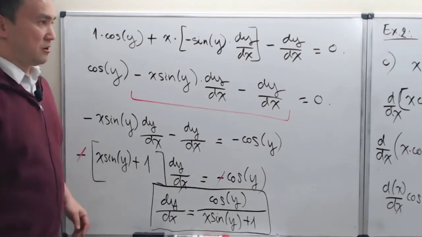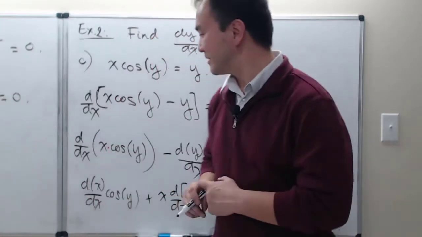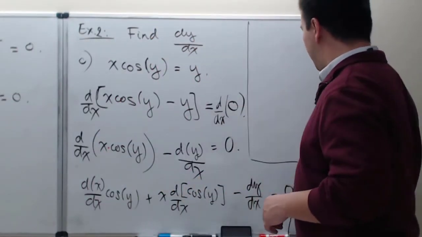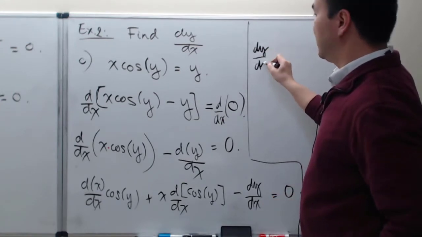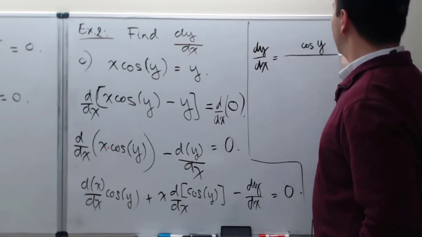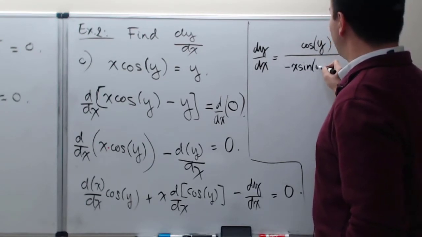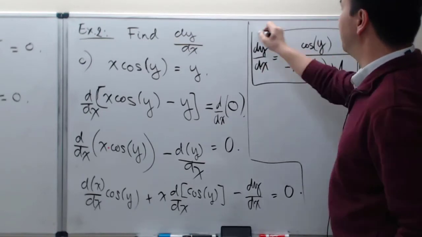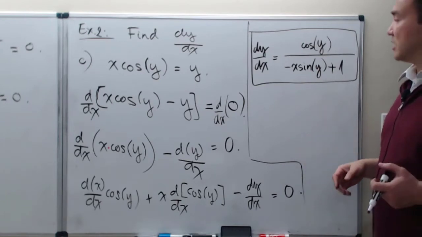Rolling back to my earlier board, with a function starting like that, our final answer in the little space I have remaining is dy dx equals cosine of y over minus x sine of y plus 1. Yes, that is our final answer, and we came to it by using implicit differentiation.